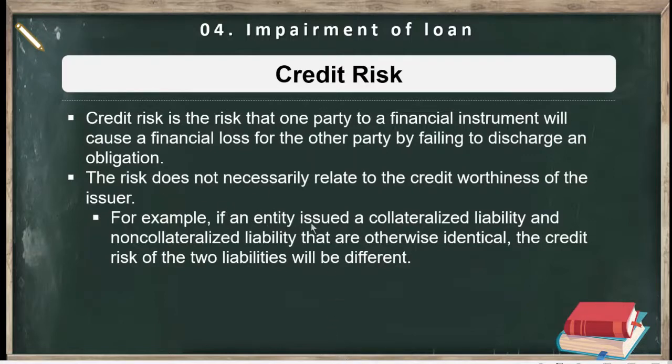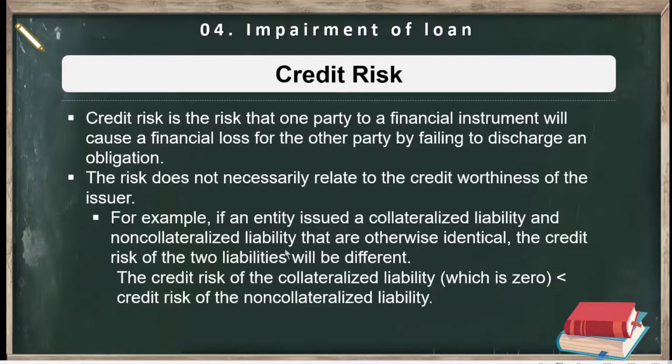So again, if an entity issued a collateralized liability and a non-collateralized liability that are otherwise identical, the credit risk of the two liabilities would be different. The credit risk of the collateralized liability would be lesser than the credit risk of the non-collateralized liability.